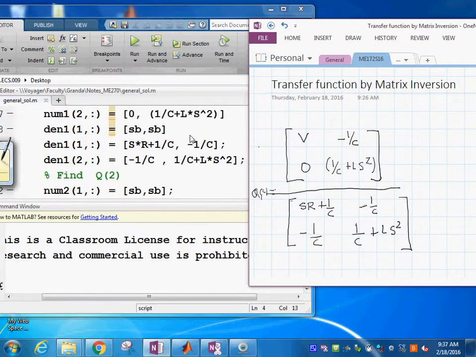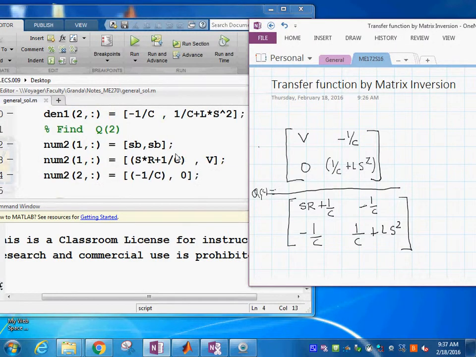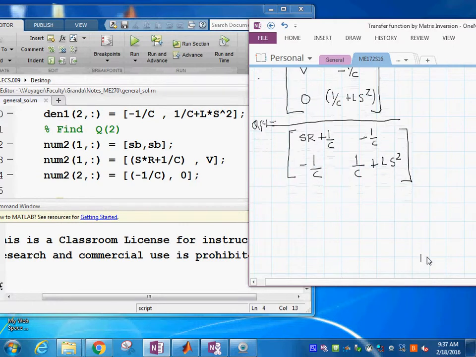So all I need is a little bit more space. Let me see if I can go down. Yes, I can. So in here you have Q sub 2 of S is equal to, and then you have it. Do you see what I'm trying to do?